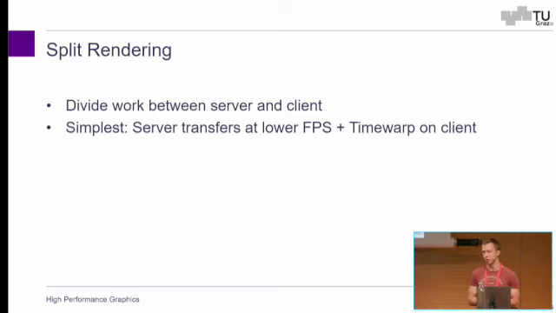Therefore, recent works have explored the split rendering paradigm, where we divide the rendering work between the server and the client. In the simplest case, the server would render at a lower frame rate, and then we can use a simple technique like time warping on the client. However, time warp only accounts for rotation of the head, not translation, and dynamic scenes are not accounted for.